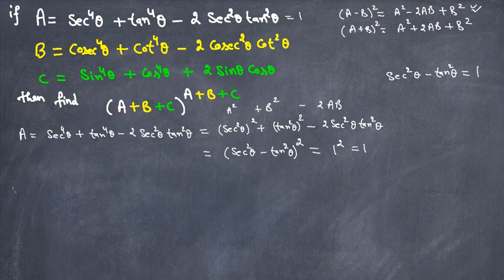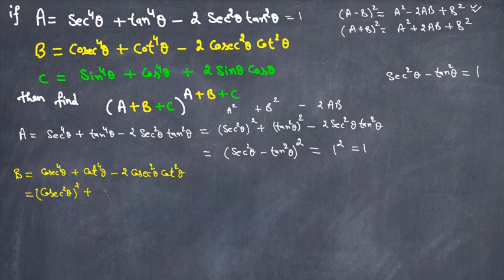Now let's find the value of b. That'll be interesting. So b is cosecant 4 theta plus cotangent 4 theta minus 2 cosecant square theta cotangent square theta. Okay, so same thing, a square plus b square minus 2ab. I'm gonna rewrite it as cosecant square theta square, because when you bring square in, it will give you cosecant 4 theta.